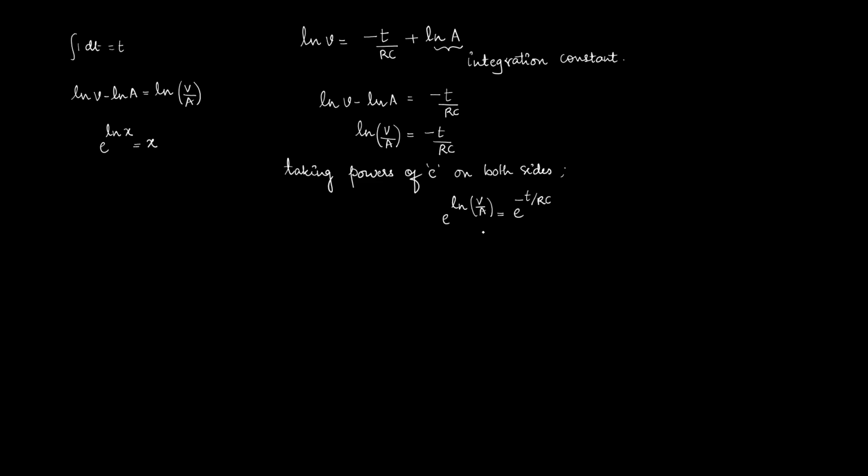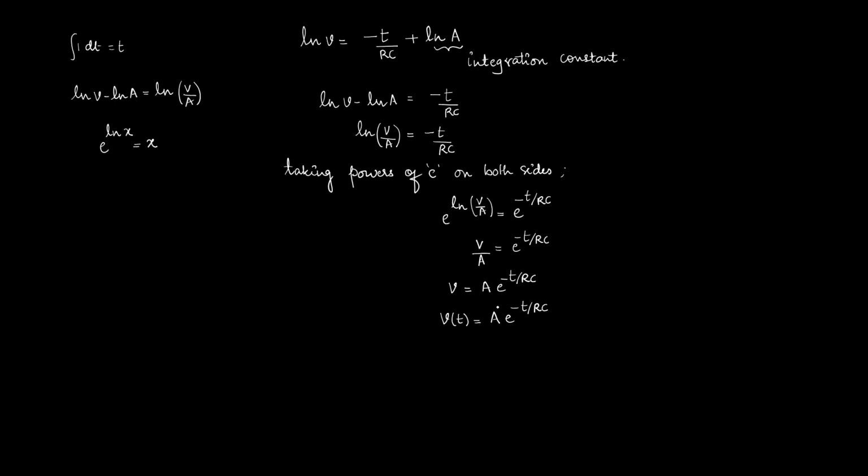This term can be written as v by a equal to e power minus t by RC, or we can write v equal to a into e power minus t by RC. Since we are evaluating for v of t, I will rewrite this expression as v of t equal to a e power minus t by RC.